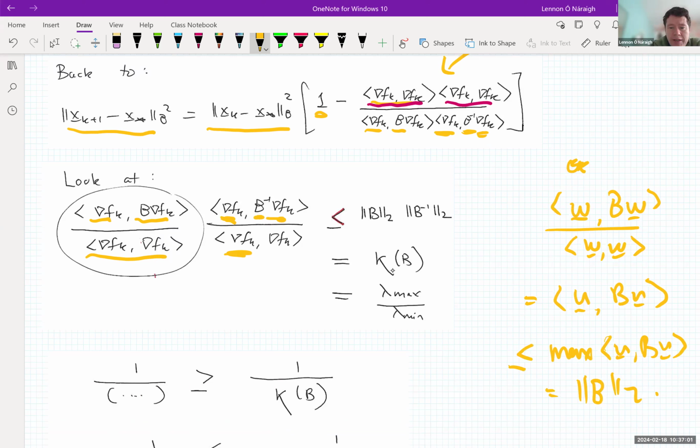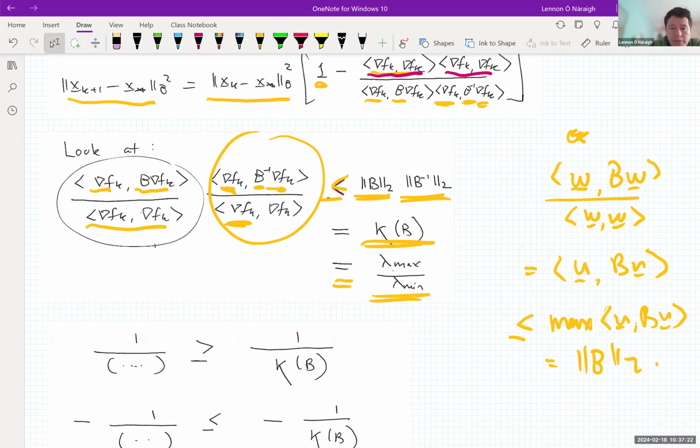So up here, this is less than or equal to the matrix norm of b, and then the same thing for the matrix norm of b to the minus 1. And this is exactly, you remember, the condition number. And another way to write the condition number is lambda max over lambda min for a positive definite matrix. So I have this inequality that this left-hand side is less than or equal to kappa b.